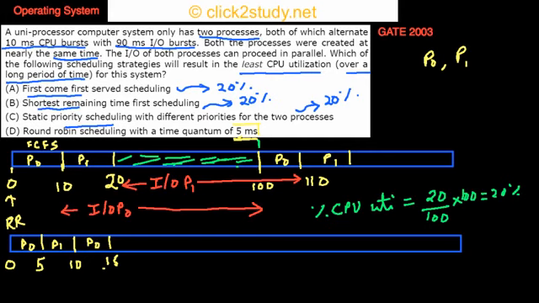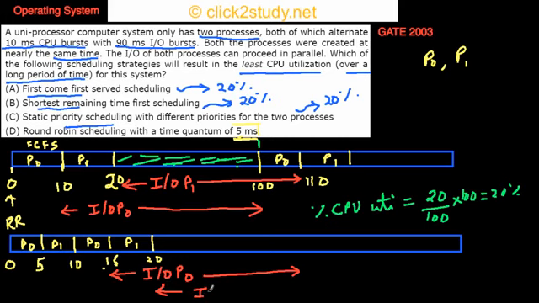So now we can have IO for P0, and this can go on for the next 90 milliseconds from here. Then P1 gets the CPU, and up till 20 P1 will run, and P1 can start its IO from here on.